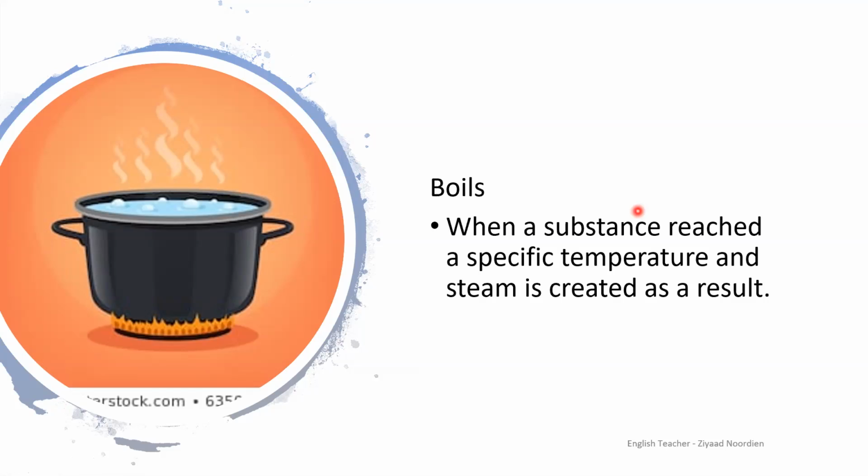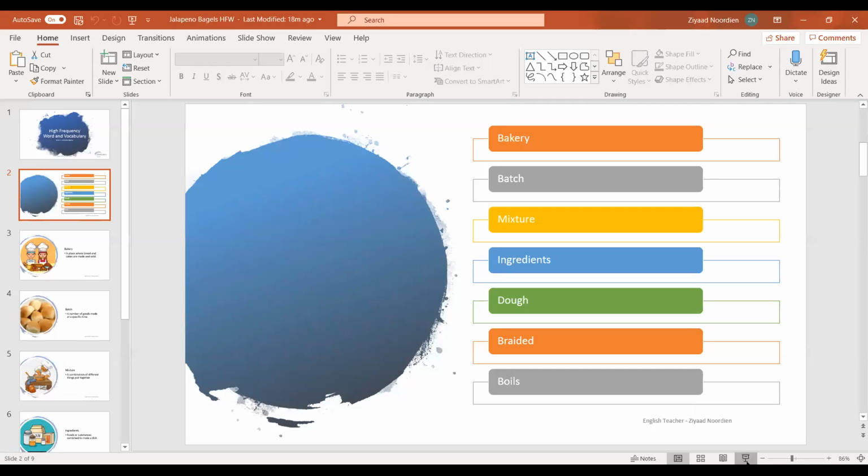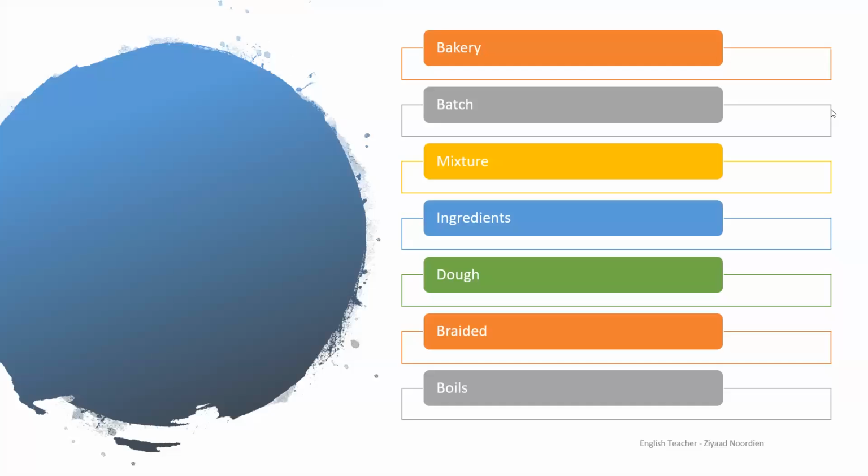What I would love you to do with these high frequency words is try and make some sentences of your own now that you know all of the definitions for our 7 high frequency words. I'm just going to go back to the very first slide for you that contains all of our high frequency words. So it says bakery, batch, mixture, ingredients, dough, braided, and boils.